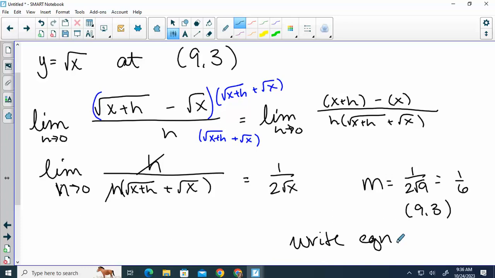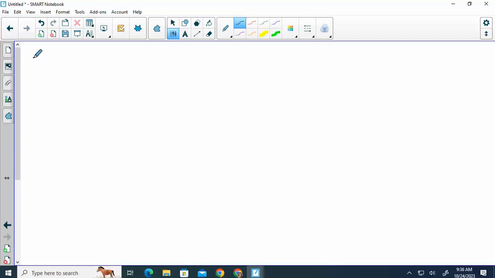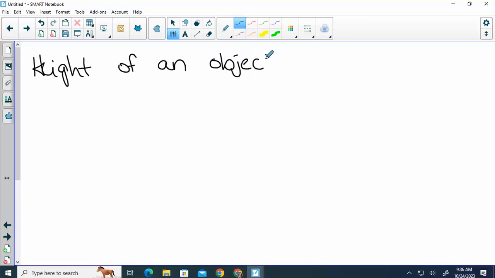What if I asked for, I'm trying to think of some of the different applications. If I said the height of an object is y equals 20t minus 16t squared.